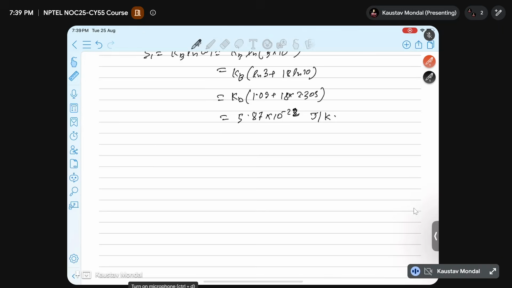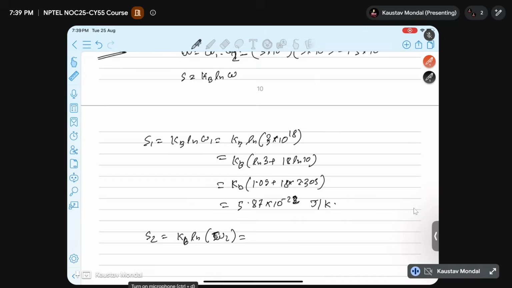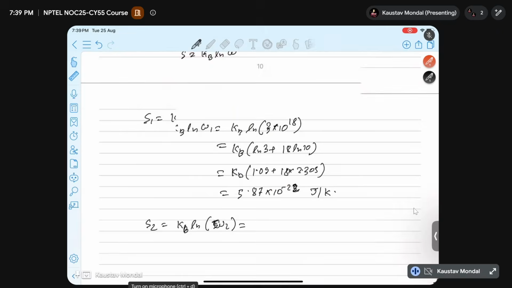Similarly, S2 also you can calculate. So S2 is kB ln of W2. So W2 is how much? 5 into 10 to the power 21.